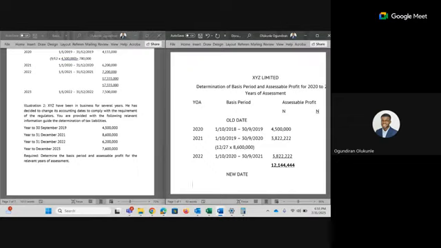All right. For the new date, we'll do 2020 again. Now we'll follow the new accounting year, and the accounting year is 31 December, because that's the new date, 2019. So I'll start from 1st January 2019. What that means is that I'm picking 9 months from the first figure.